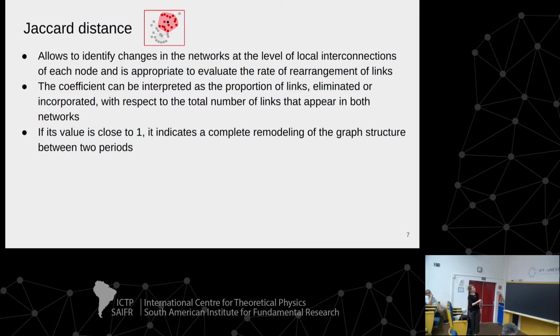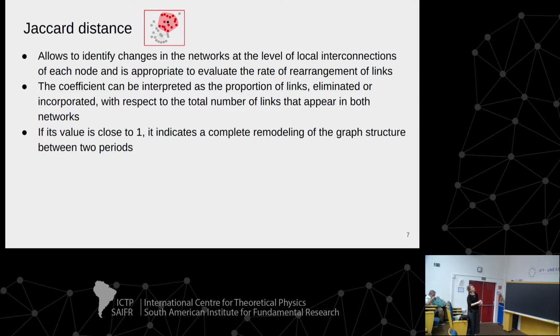So the Jaccard distance, basically I look at with any graph like this, allows to identify changes in the network at the level of my local interaction. So if I am a node here, I look at my first neighbors. So I pick up the sector, and I evaluate the rate of rearrangements of my connections with other sectors, okay? So I do it sector by sector.